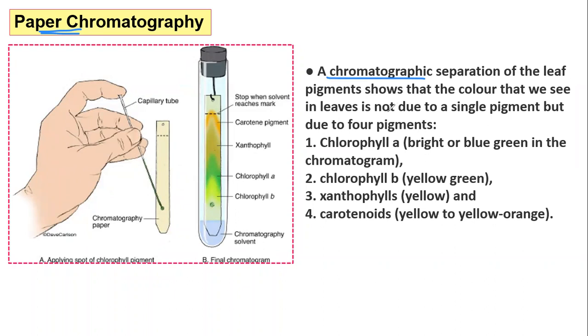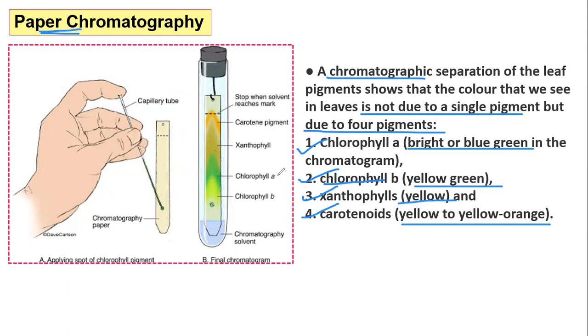The color that we see in a leaf is not due to a single pigment but due to 4 different pigments: chlorophyll A, bright or blue-green; chlorophyll B, yellow-green; xanthophyll, yellow; and carotenoids, yellow to yellow-orange.